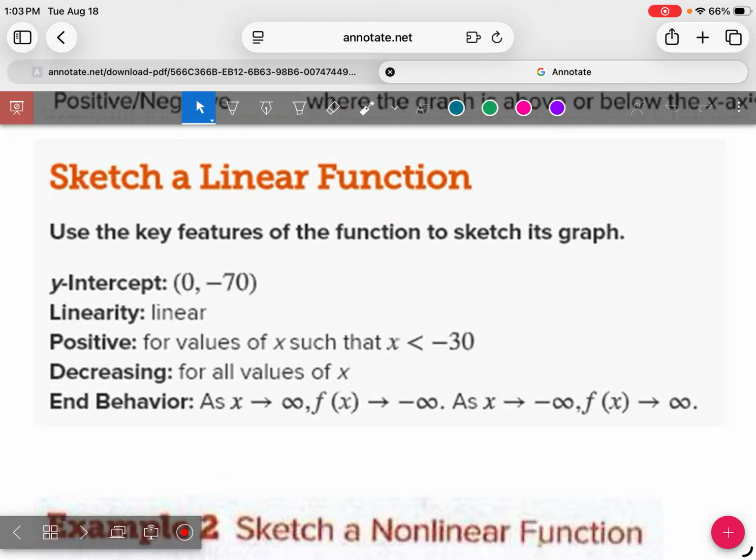All right. So we're going to look at this list of things. We've got a y-intercept at 0, -70. It says linearity. All that means is, is it linear? Yeah, it's linear. Which means what's this going to look like? A line. Shock. That's why we have rulers. So this tells us right here that we're going to be dealing with a line, so we're going to use a ruler.